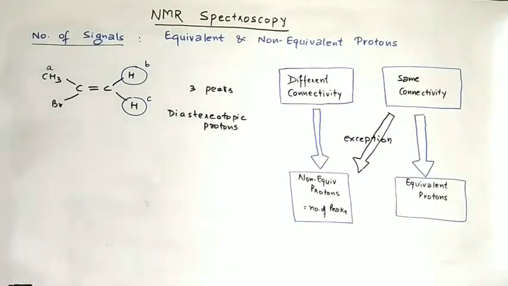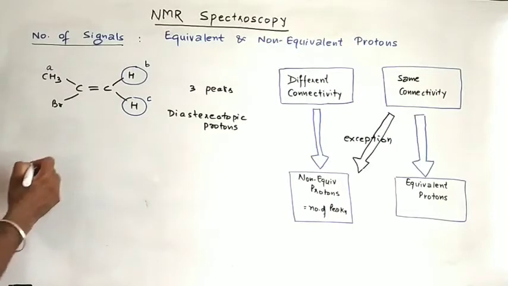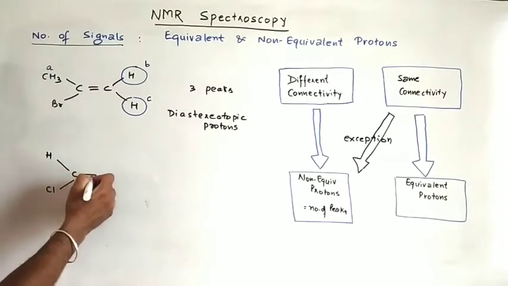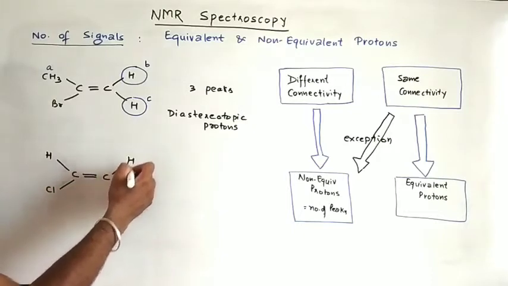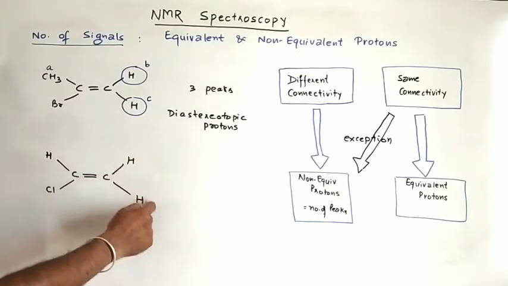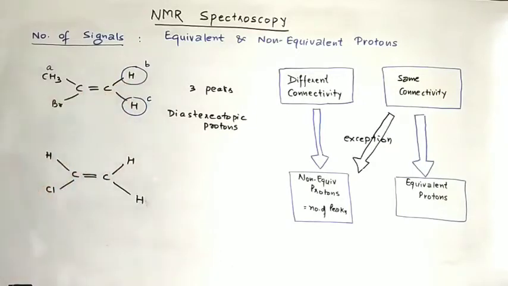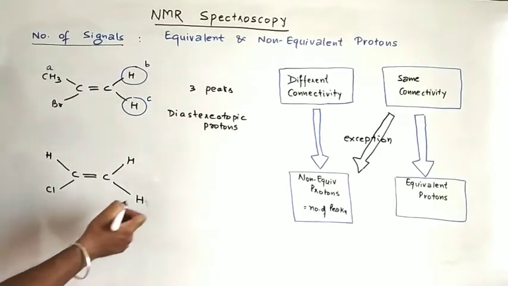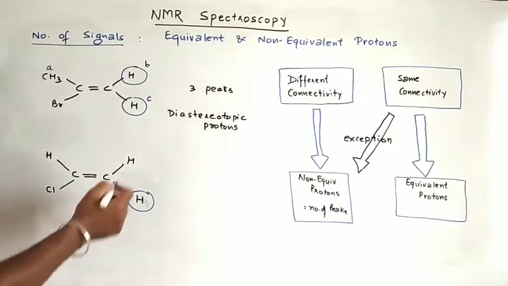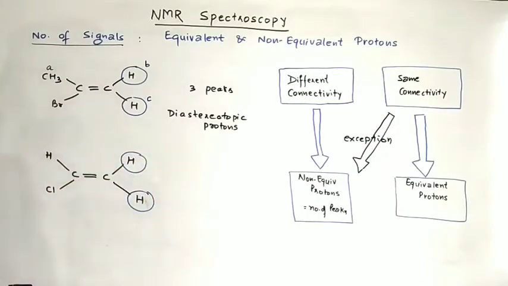Okay, one more example: we have hydrogen here, chlorine here, Cl, double bond C, H, H. Which two protons have the same connectivity? Like these two protons, they have the same connectivity, just like the previous example. But this proton is cis to chlorine, but this proton is trans to chlorine.